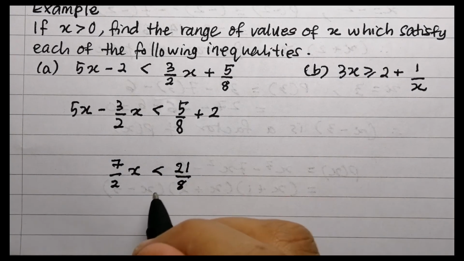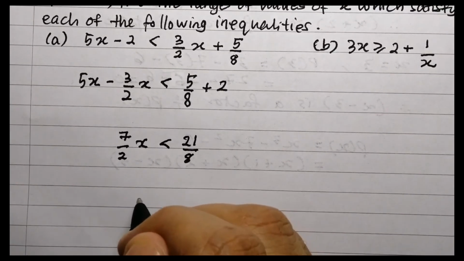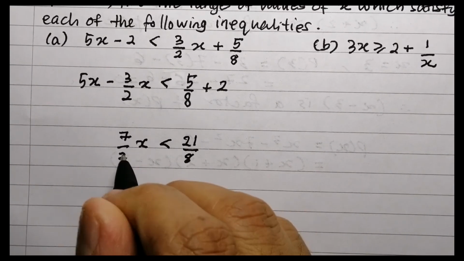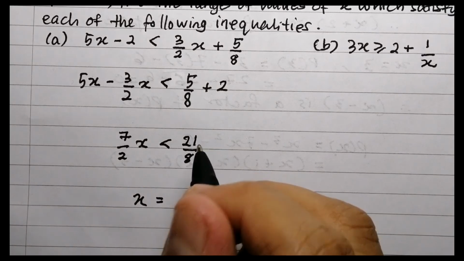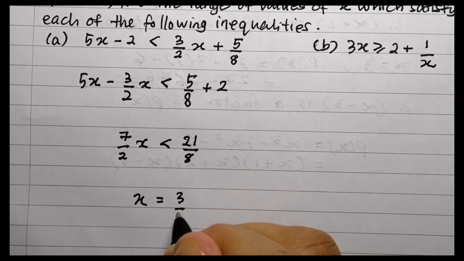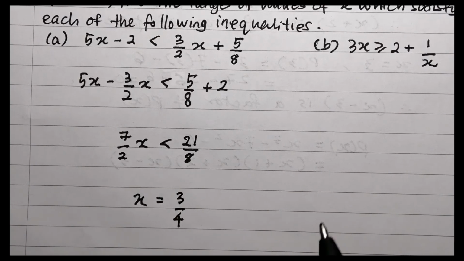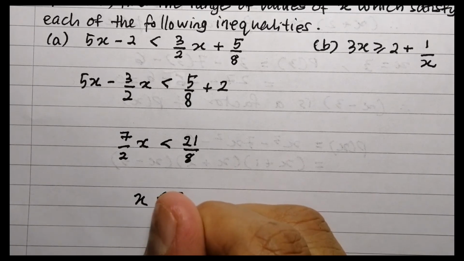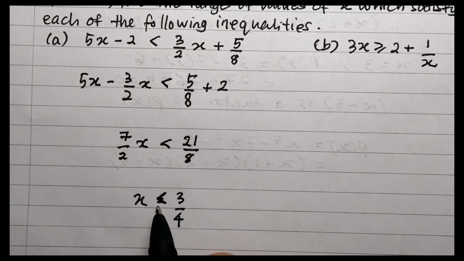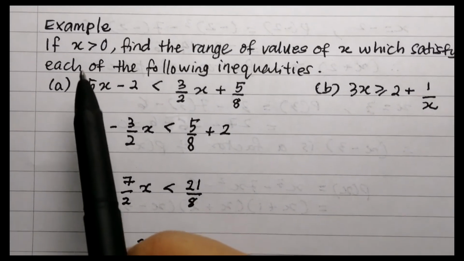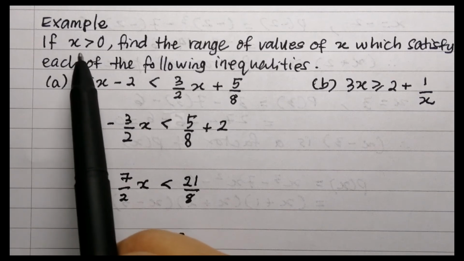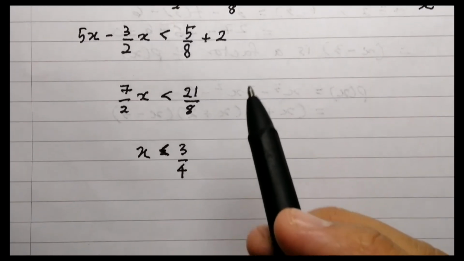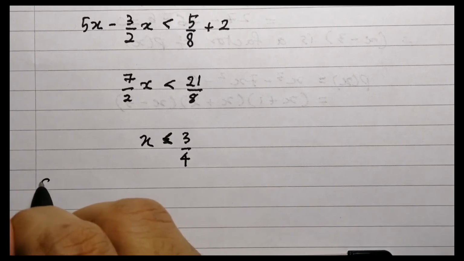Then from here we simplify to express x. So x is less than 3 over 4. Cancel the equals sign there; actually it is less than, so use the right sign, less than. Since x is more than 0, x here is positive.